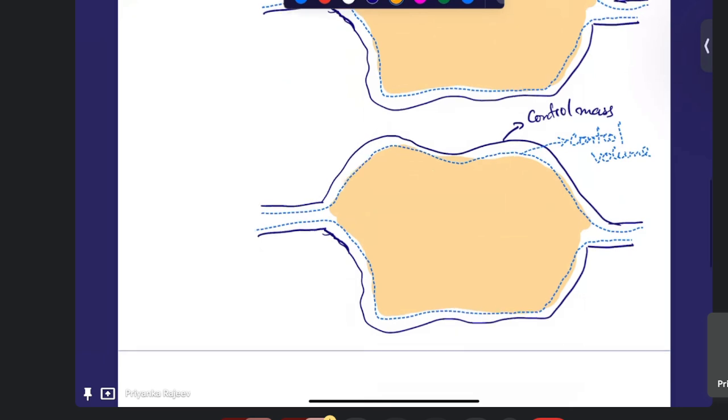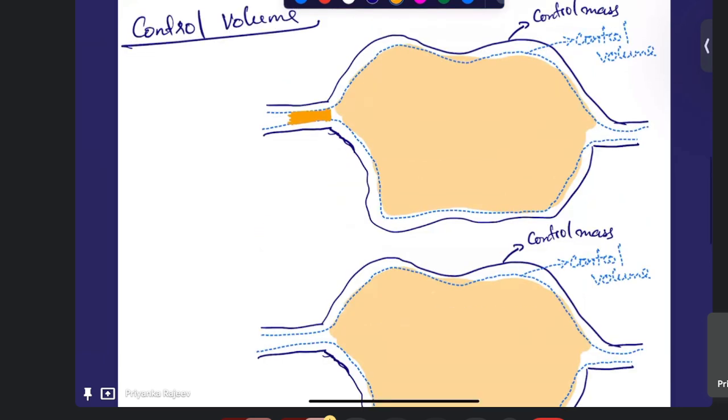Why can it enter? In a control mass system you cannot take any fluid element inside because it is a physical, closed boundary. In a control volume alone you can create this kind of change in mass, or let matter enter or exit the boundary.